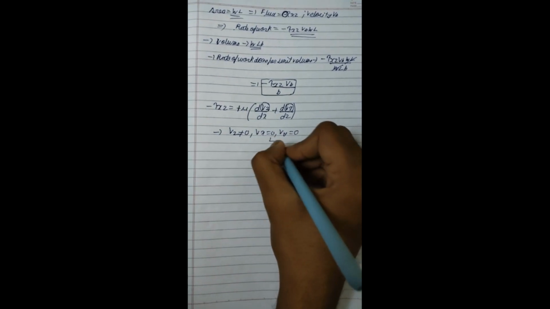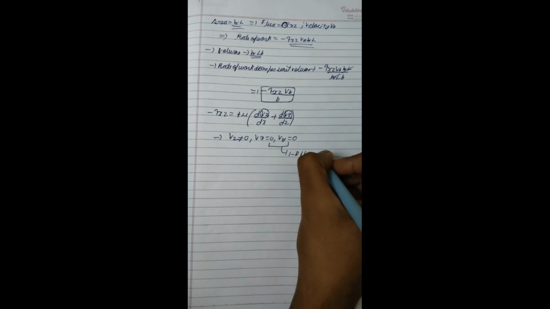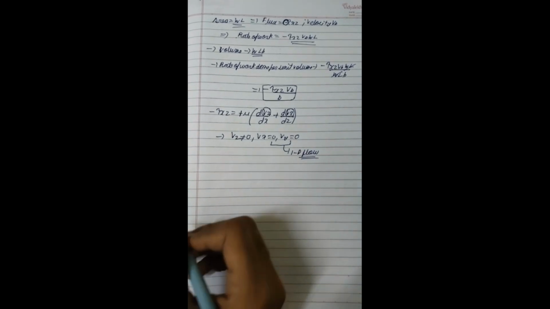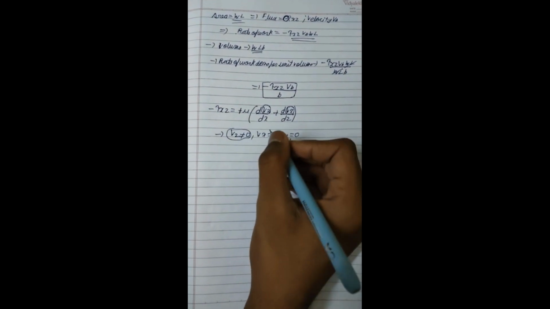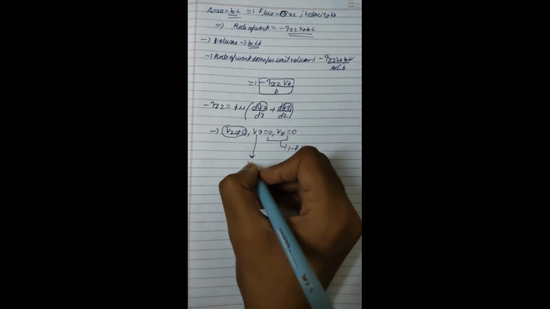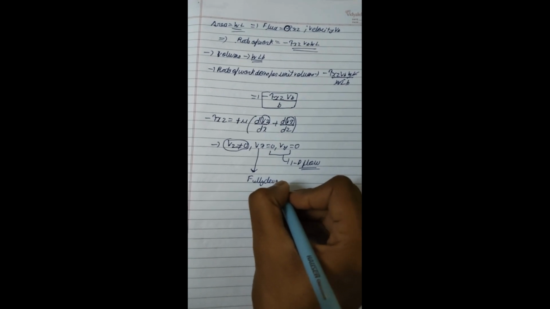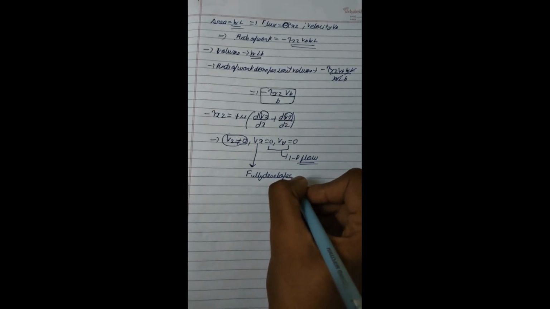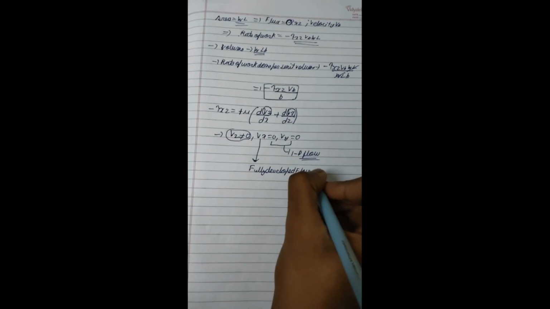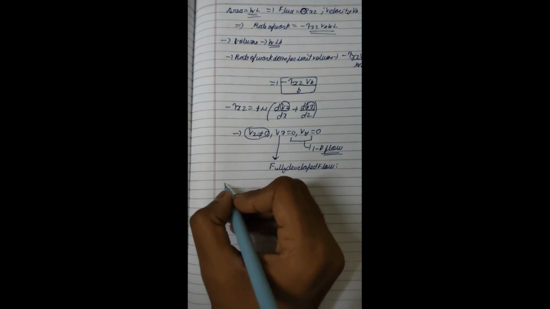Why? This is a 1D flow, meaning that only Vz will be non-zero and X and Y will be 0. This is a fully developed flow. Now, whose function is this?